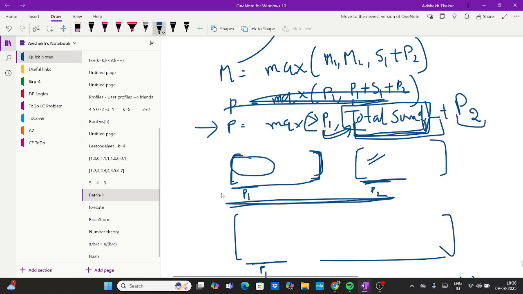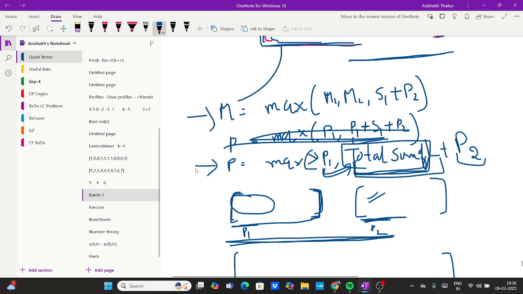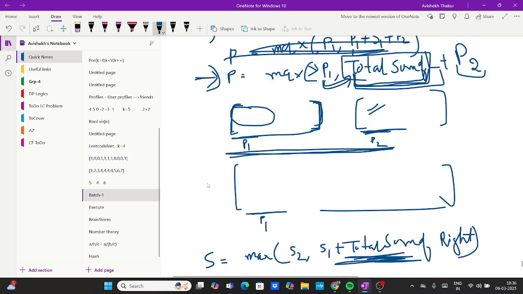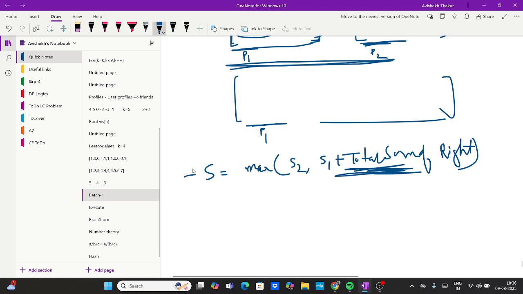Total sum. So we maintained maximum, prefix, suffix. Since we are taking the total sum also from the neighbor nodes, can I say I need to maintain one more piece of information, which is total sum? So what will be the total sum? It's very easy.